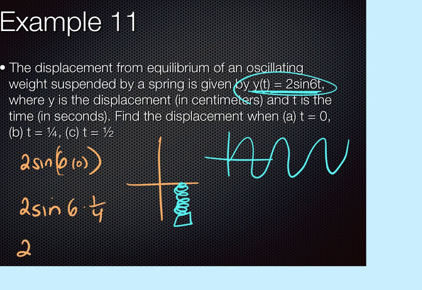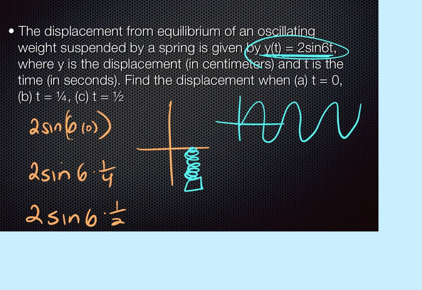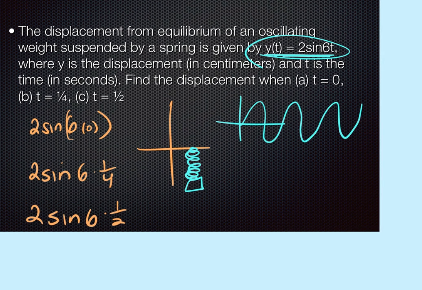And then 2 times the sine of 6 times 1/2. What mode should you be in? Radians. Unless it said degrees, it needs to be radians. So unless it specifically has the degree symbol, it's a radian. Correct.